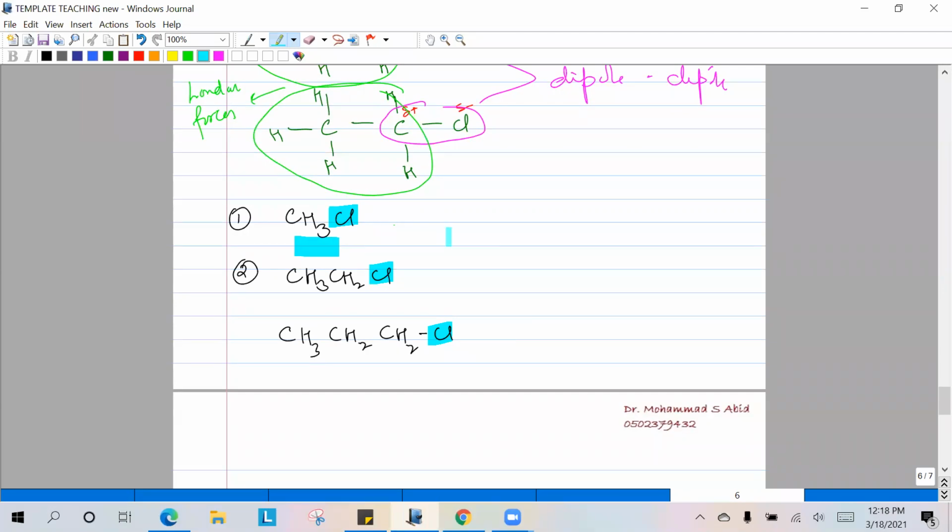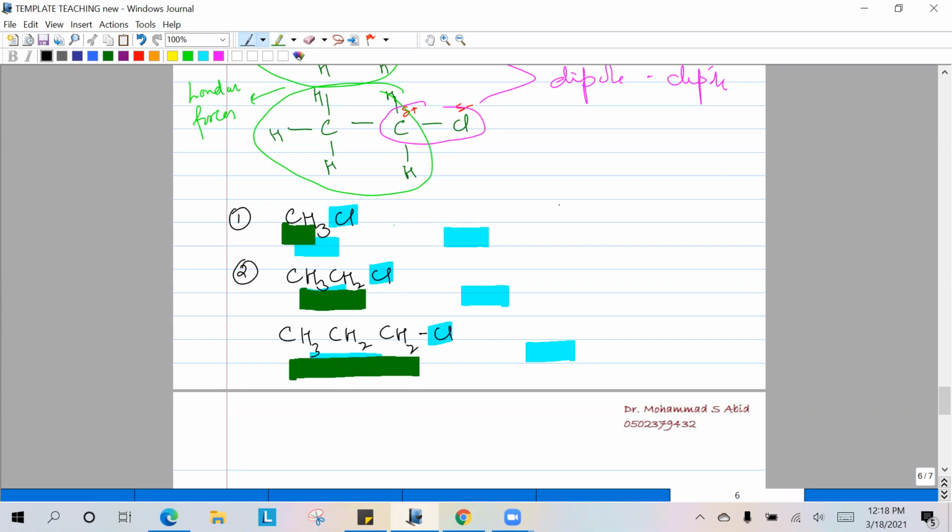That means this molecule and another molecule of the same kind, that is chloropropane and another chloropropane. The Cl is common for all of them. The difference lies over here, in this part.